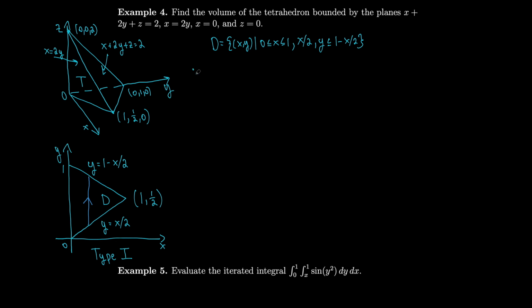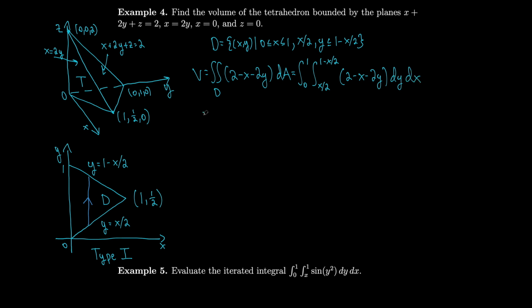So that means that my volume, V, is going to be the double integral over D of 2 minus x minus 2y dA, and by Fubini, that's the integral from 0 to 1 of the integral from x over 2 to 1 minus x over 2 of 2 minus x minus 2y, dy dx, first with respect to y.